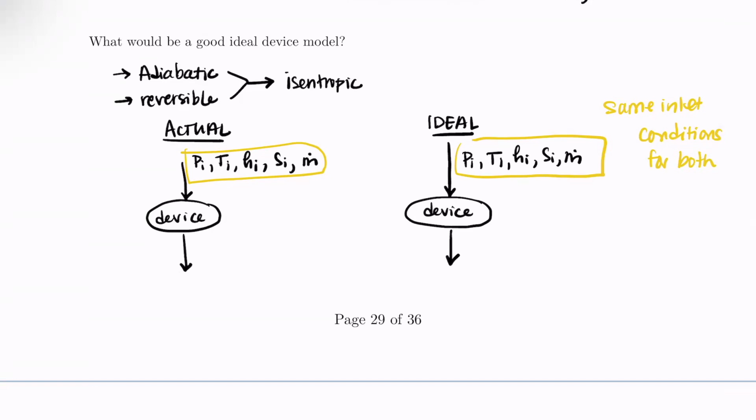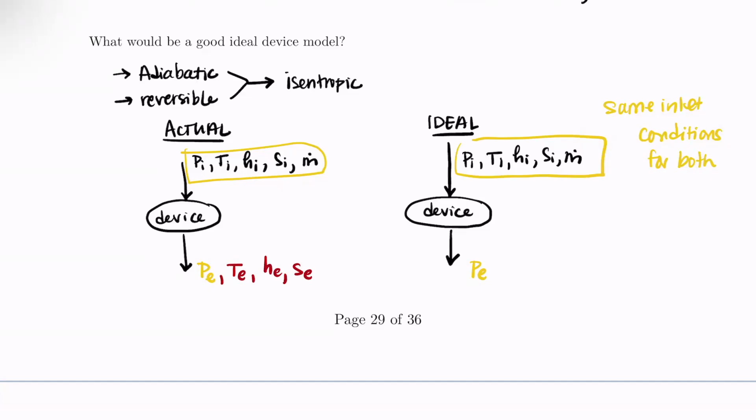So our exit conditions, we are going to have pressure at the exit, which is going to be the same between both, but then we're going to have some differences. So for our actual device, we will have Te, he, and se, so temperature, enthalpy, and entropy.